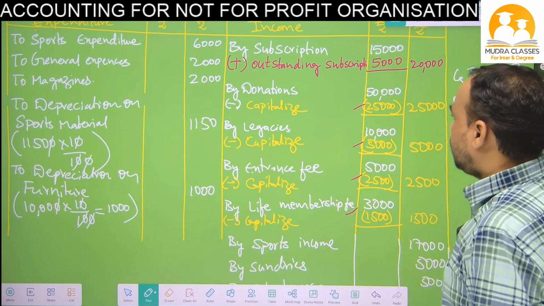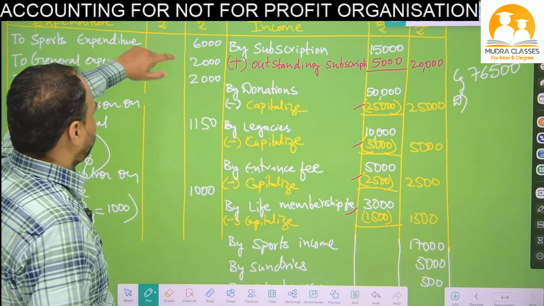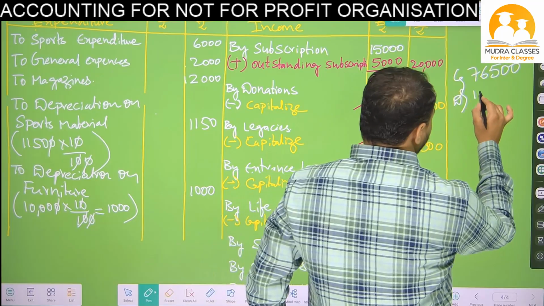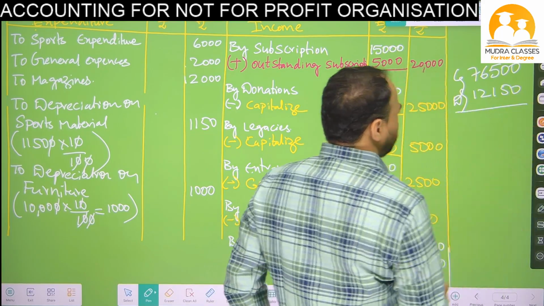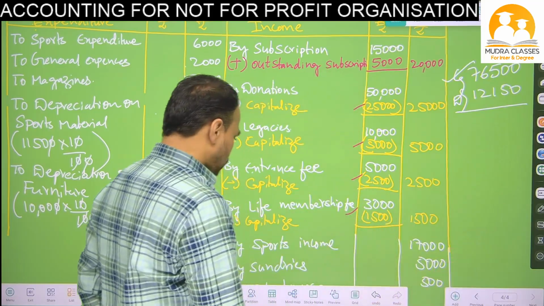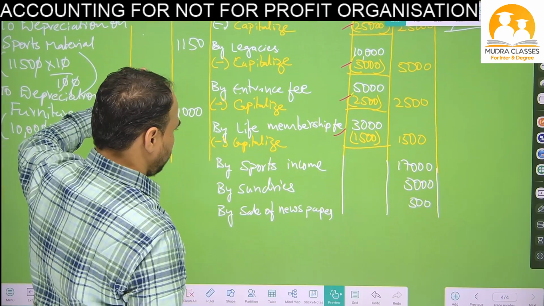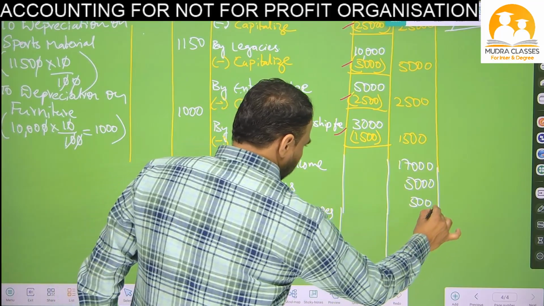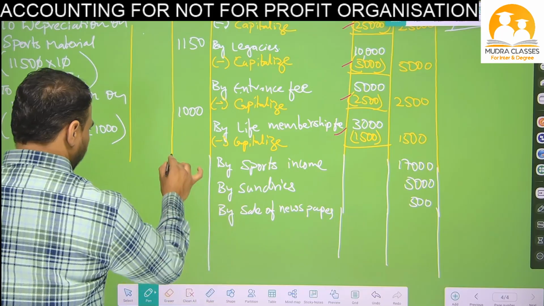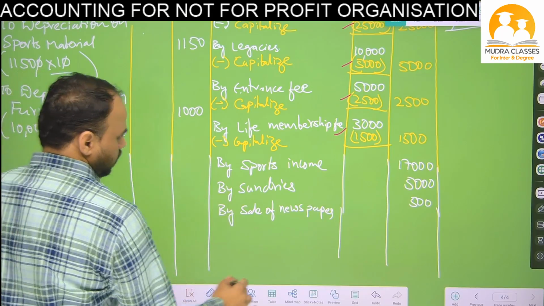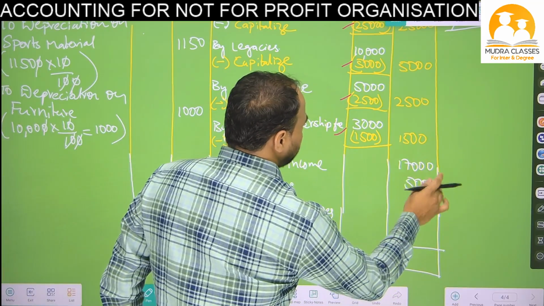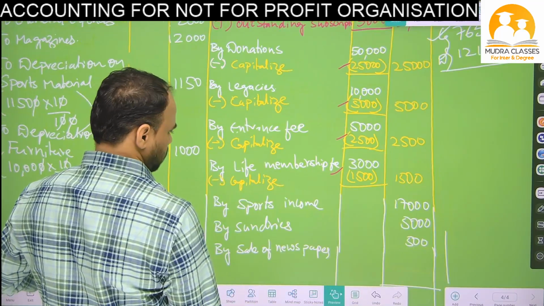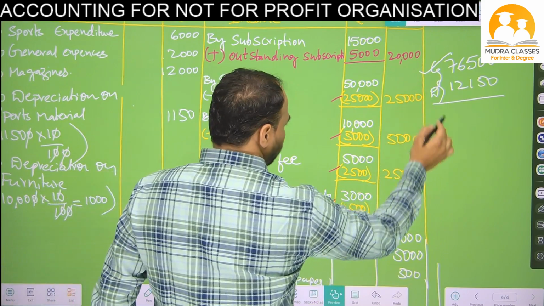Now see the debit side total. 6, 7, 8, 9, 10, 11,000, 12,150. So 12,150 is the debit total. In these two, credit is the big amount, 76,500.